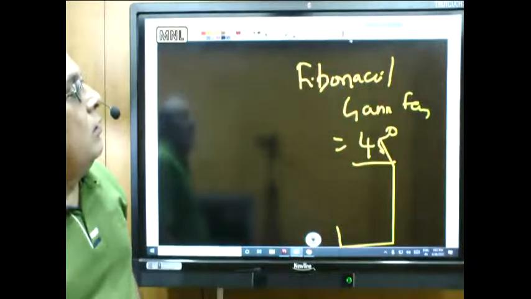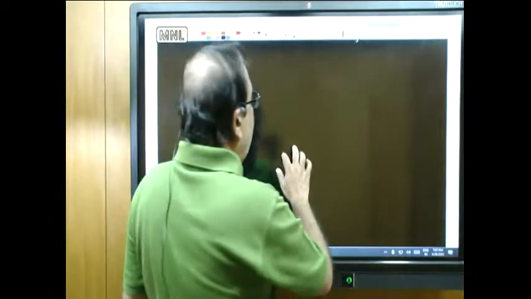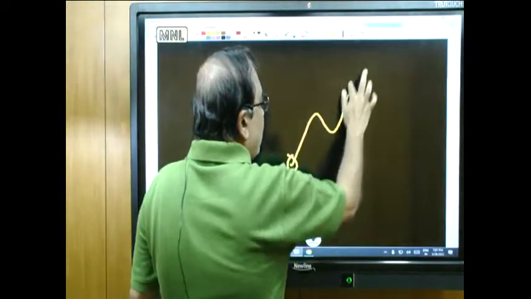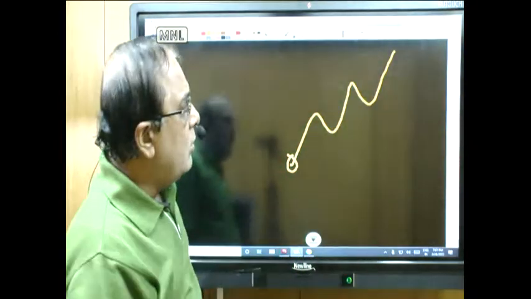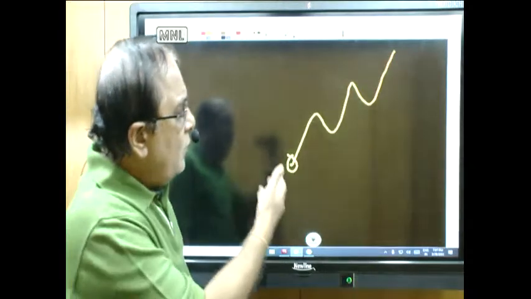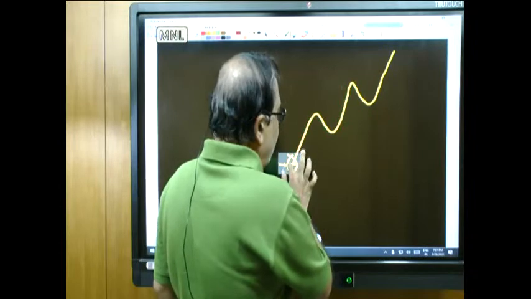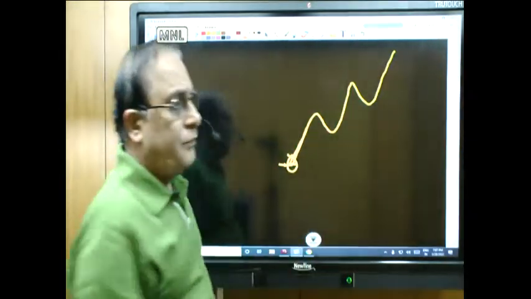See, let us say from here the market rallies like this. For a particular stock, commodity, currency or index, there is some place from where a bottom is made, then it goes up. There are some swing points in between.